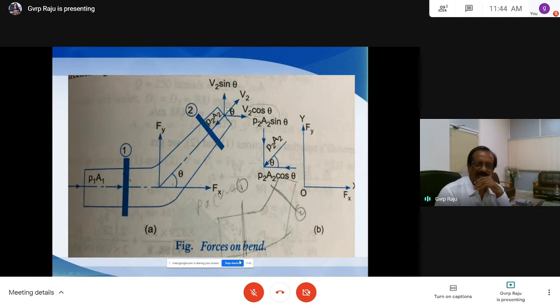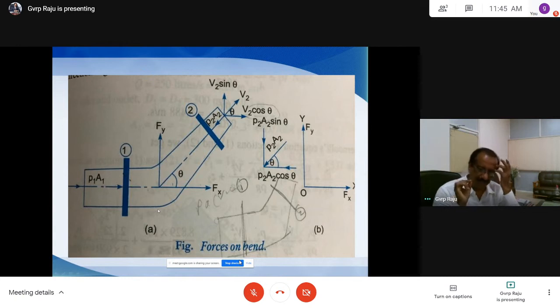When you resolve in the vertical direction, this is V2 sin theta. So V2 cos theta is acting in the positive x-axis, and V2 sin theta is acting in the upward direction. The weight is always in the downward direction.